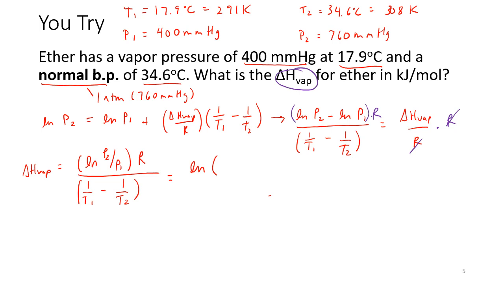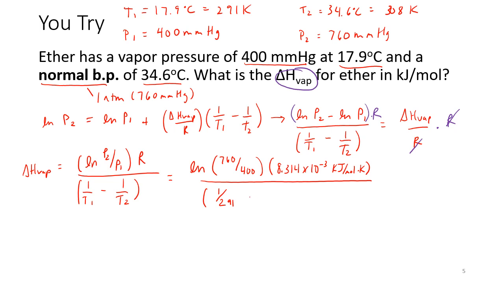Natural log of P2, which we assigned as 760 millimeters of mercury, divided by P1, which is 400 millimeters of mercury, times R, which is 8.314 times 10 to the negative third kilojoules per mole times Kelvin, divided by 1 over T1. T1 is 291 Kelvin, minus 1 over T2, which is 308 Kelvin.